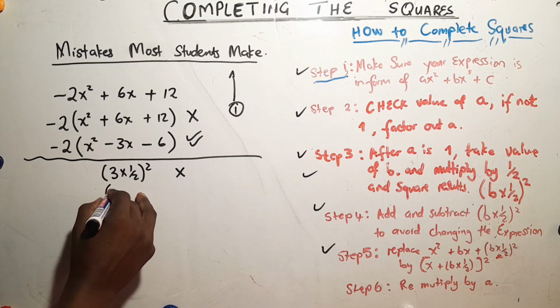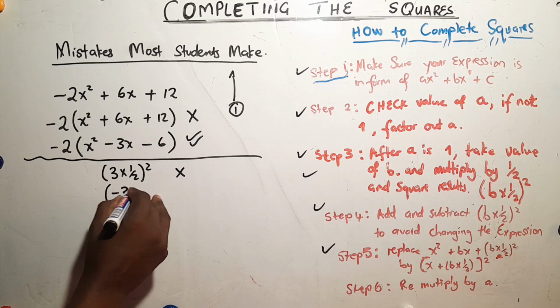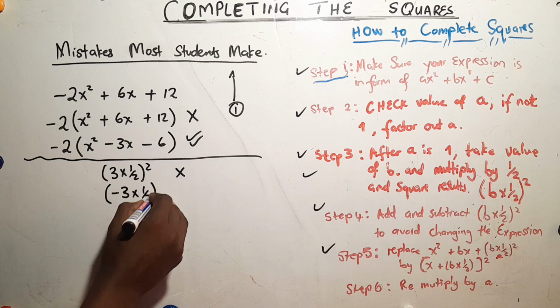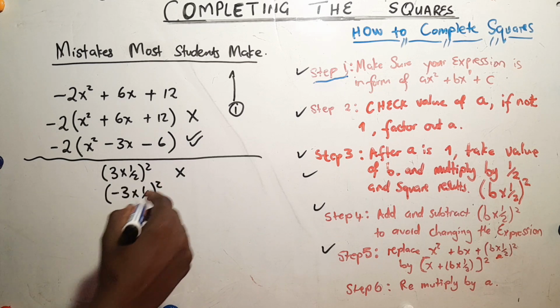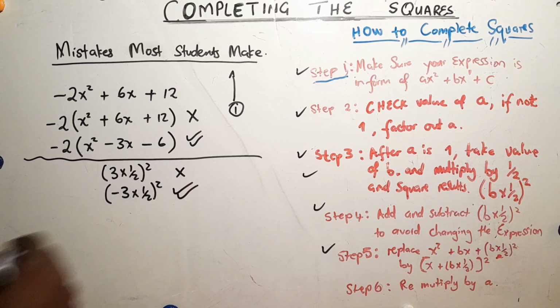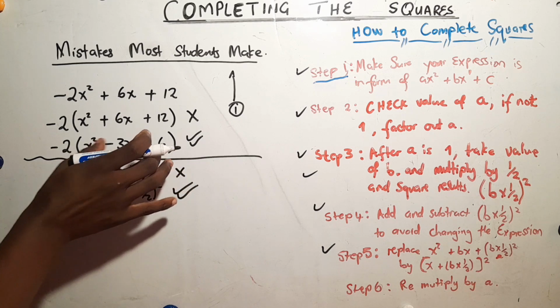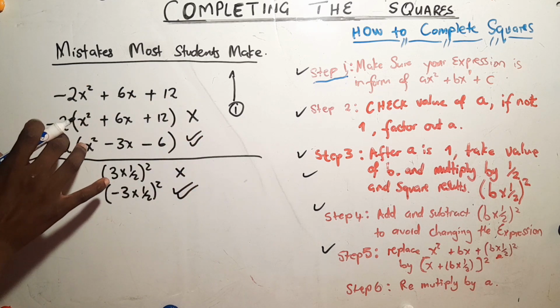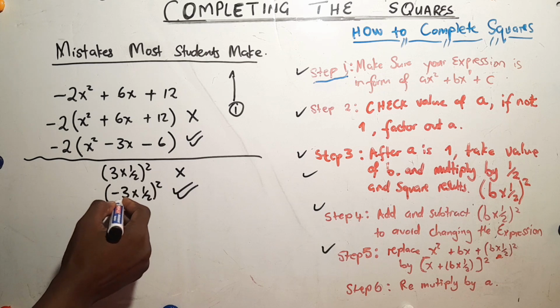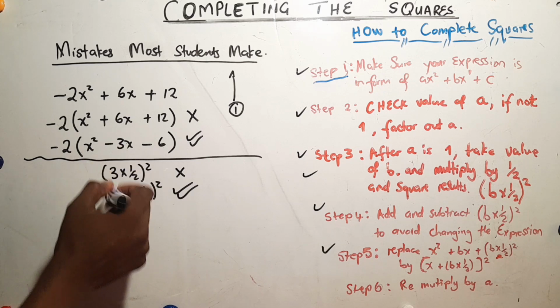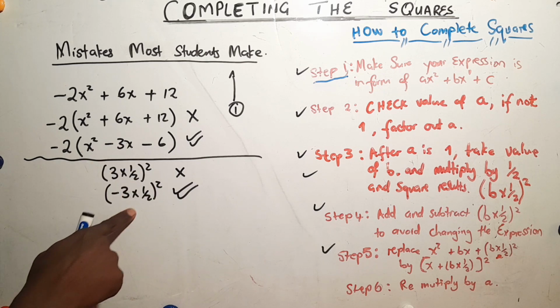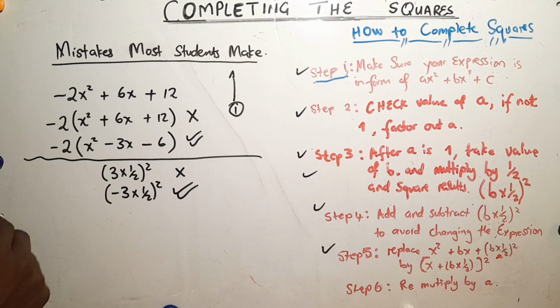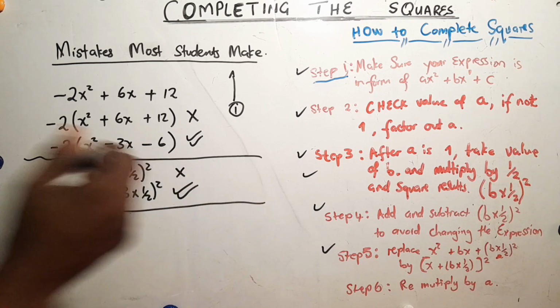So you have to take it with the sign, halve it, and then you square that. So this is the correct way. So avoid not factoring out completely, and avoid taking the value of b without its sign. Always remember to take the sign along when you are factoring out.